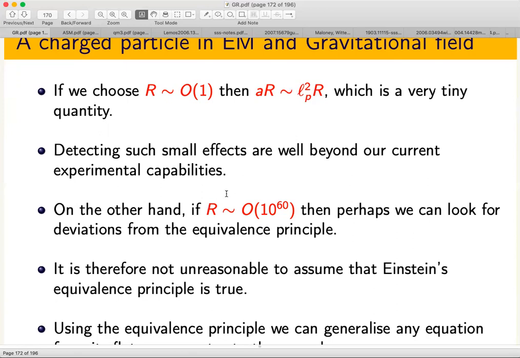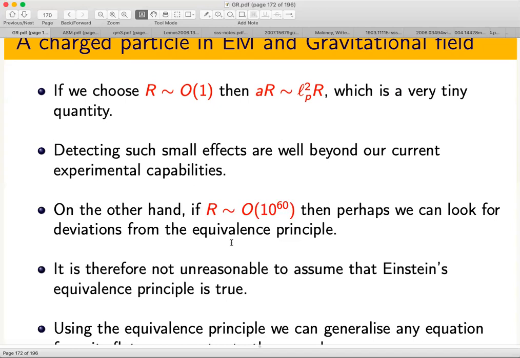Now, suppose you are looking at space-time where the curvature is of the order of, say, 10 to the 10, in Planck units, of course. Then you will have to upgrade the detector technology to be able to pick up effects of that kind.